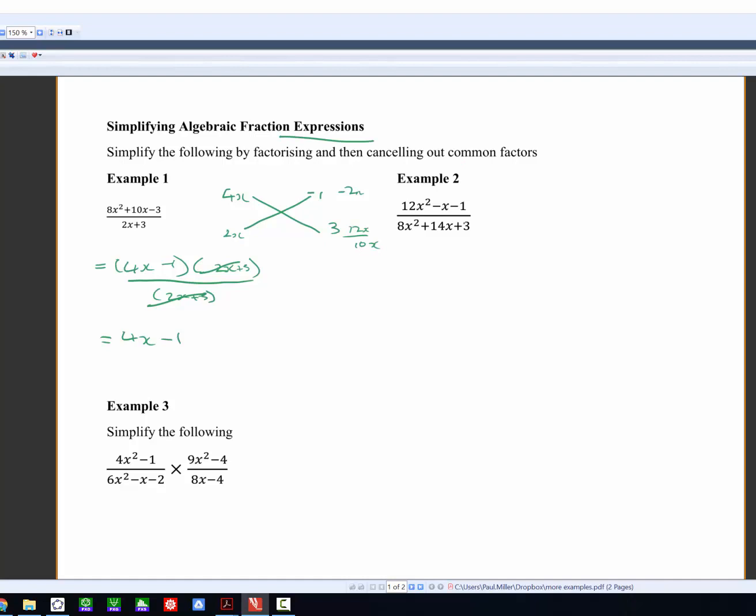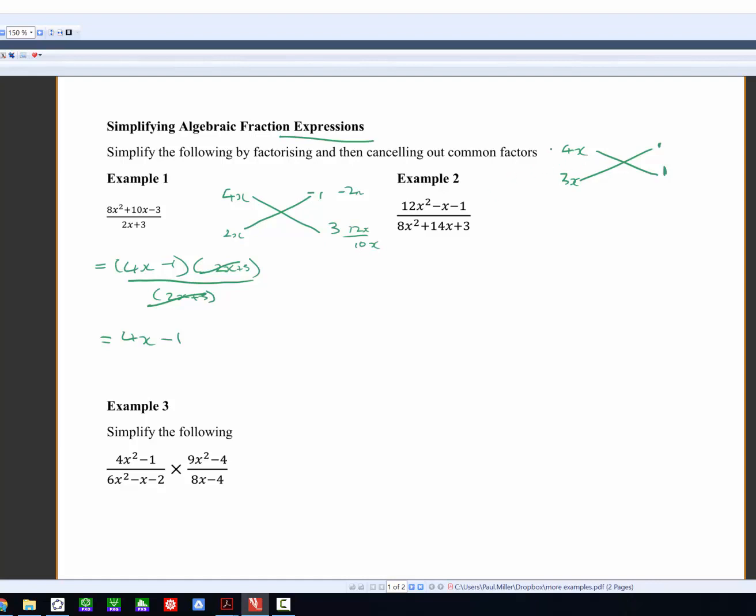Right, let's use the same approach with this one over here. So what we're going to do is see if we can factorize the 12x squared, this one. So I'm going to draw up my cross. Now, because I'm doing negative x, I'm predicting there's only 1 and 1 there, and I'm predicting that this is going to be 4 and 3 because when subtracted, they're going to make 1.